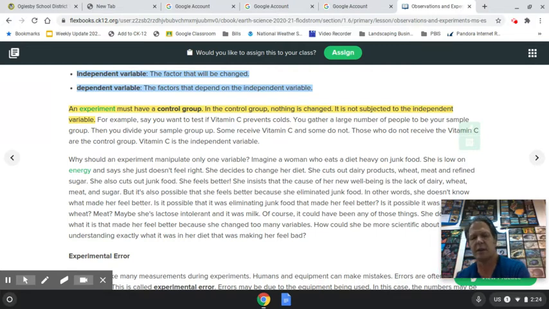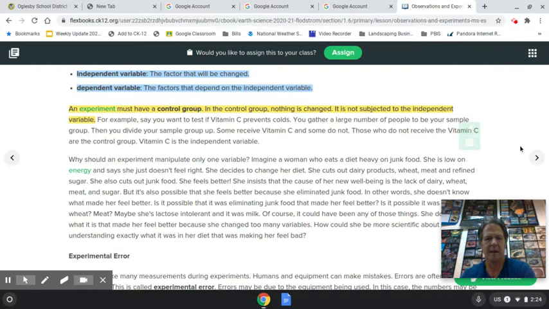You wouldn't know. You see how that's the problem? So you isolate just one variable, that's called the independent variable. And then if there is a difference between the two groups, the experimental group and the control group, you can say unequivocally, easy for me to say, right? It was due to the vitamin C tablet.